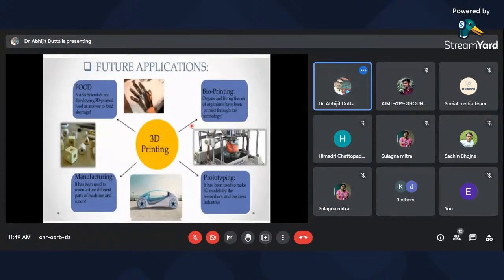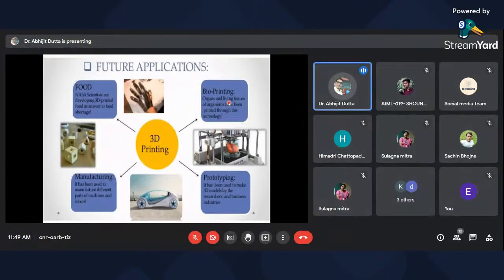Beyond what we have discussed, food is one of the future applications. The scientists of NASA are developing 3D printed food as well, that can be served in the space station.